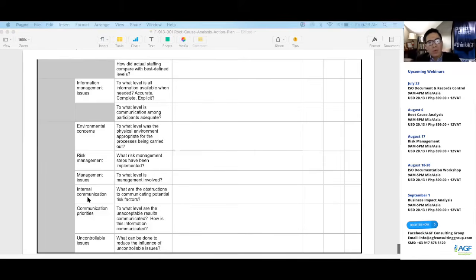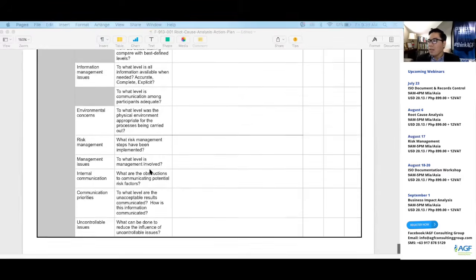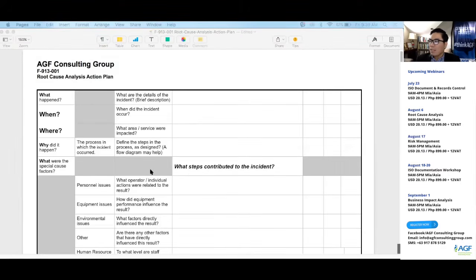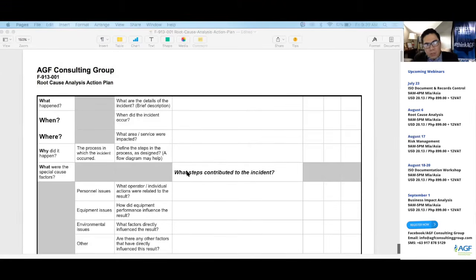Maybe we already requested maintenance here, but it didn't go through the proper channels. Communication issues, uncontrollable issues. Is it out of our control, and so on and so forth. So you can populate this data, and of course you'll get as many insights as possible, so that you really get to the bottom of the problem here.